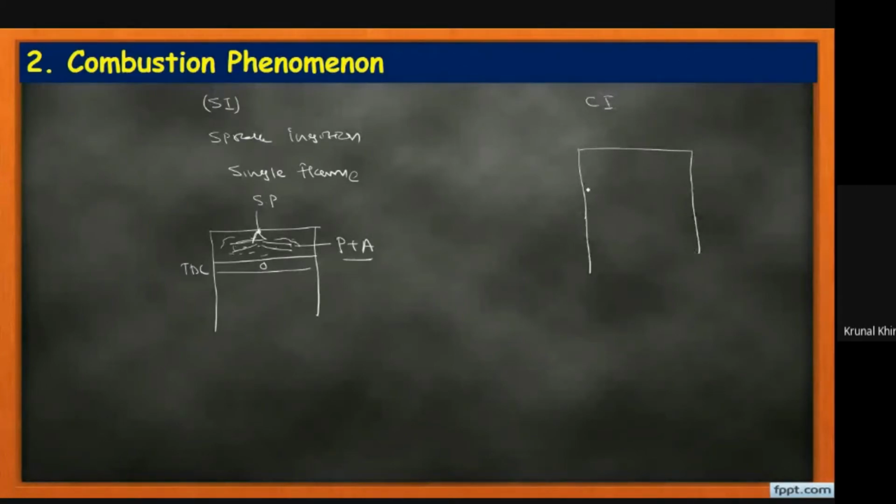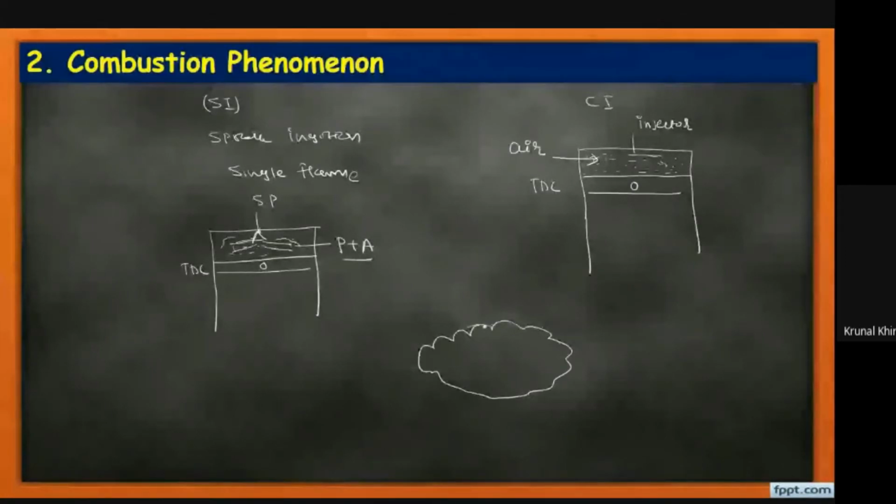But in the CI engine, at the end of the compression stroke, when the piston reaches the top dead center, here we have the nozzle, which is the injector. Here there is only air. Let me explain. See, this is a very big environment, or we can say a cloud of air, at the end of the compression stroke.